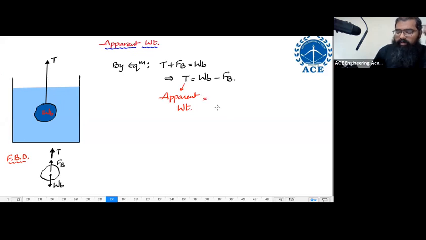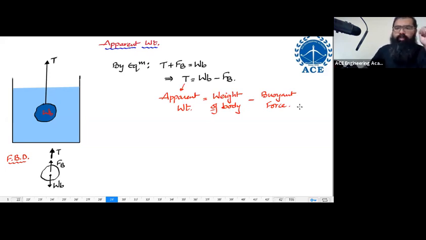How much is the apparent weight supposed to be equal to? Apparent weight is equal to weight of body minus buoyant force. Okay. A very good example is when you go into a swimming pool. Your weight is downward.